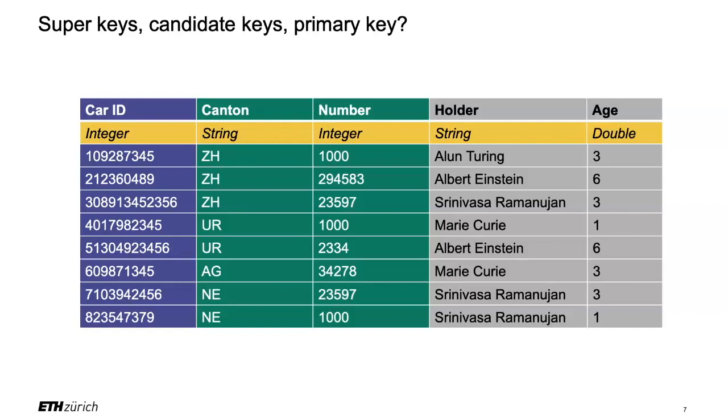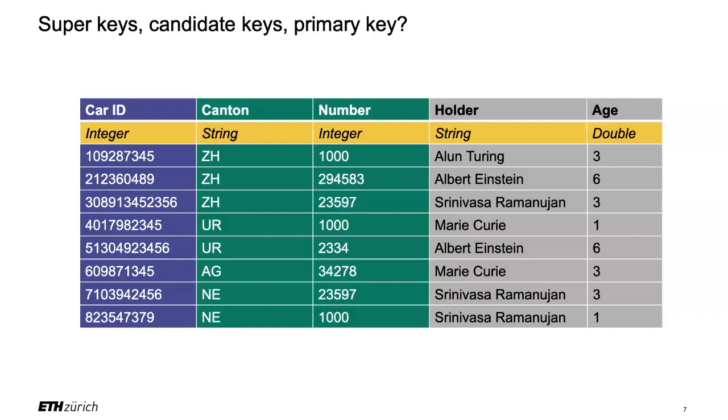Yes, absolutely. Car ID is a super key and it's also a candidate key, right? Oh, you meant car ID. Yeah, then you're correct, absolutely. Car ID is a candidate key and a primary key and a super key. What I meant is car ID plus number is not a candidate key. Do you agree with me? Awesome. So car ID plus number is not a candidate key because you can remove number.